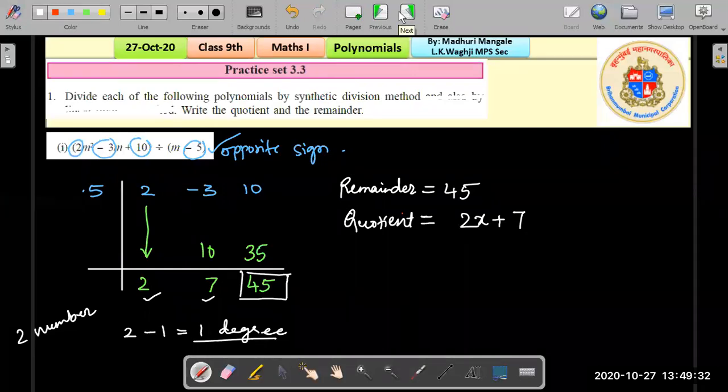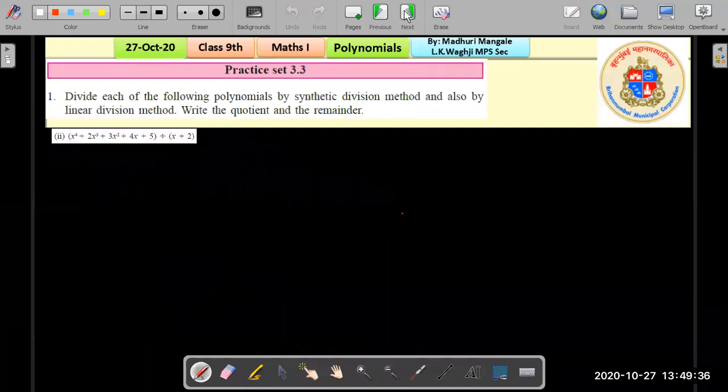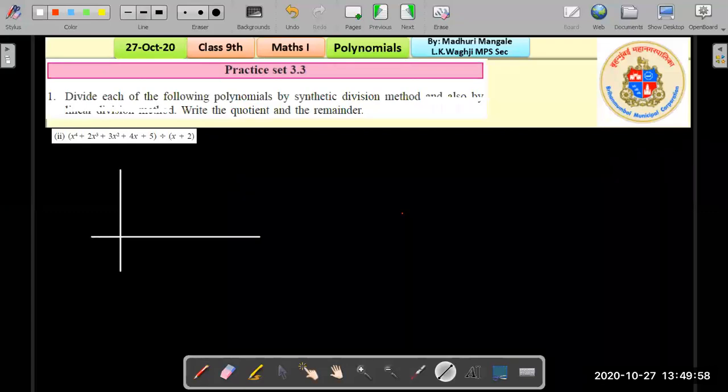So question number 2 of this part. First step, we start with setting up the synthetic division, right? So the first step is to set up the division, that is we draw a horizontal line and a vertical line, and then we have to check if the degrees are in descending order.